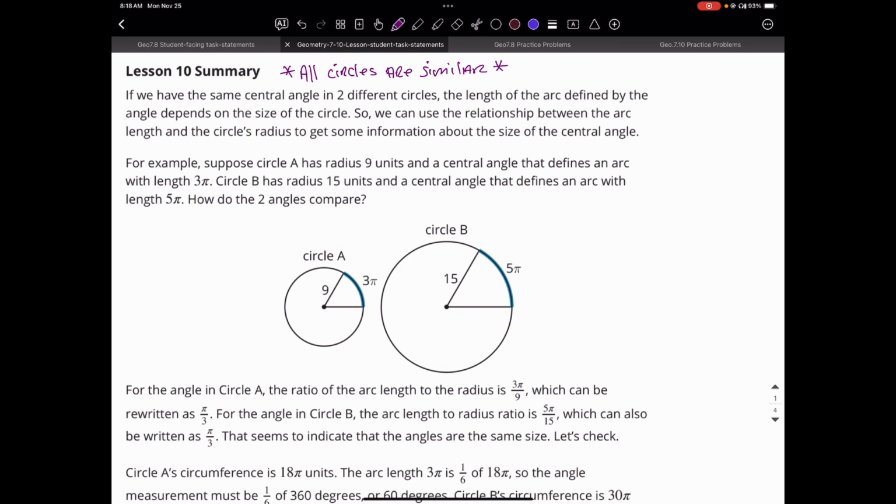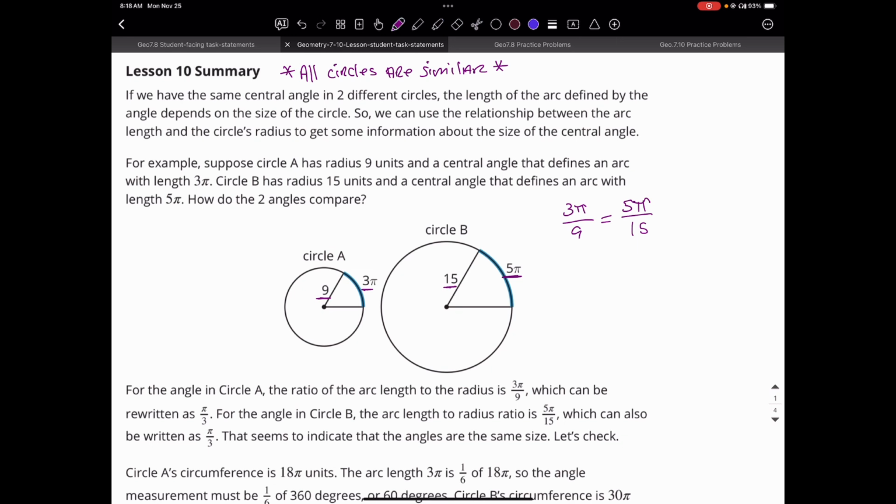So looking at these two, we will get into it here in a minute. This circle has a radius of 9 units and it has an arc length of 3 pi. This circle has a radius of 15 units and has an arc length of 5 pi. So you could see that if you set up a ratio or an equation, 3 pi over 9 would equal 5 pi over 15, right?